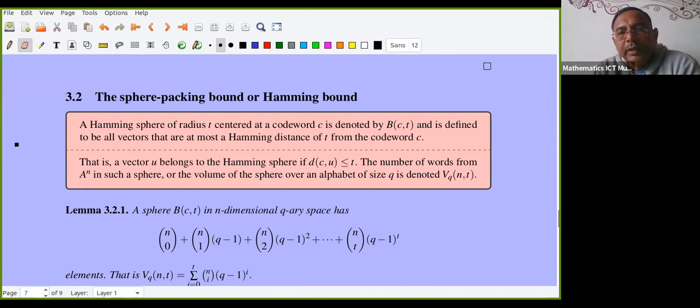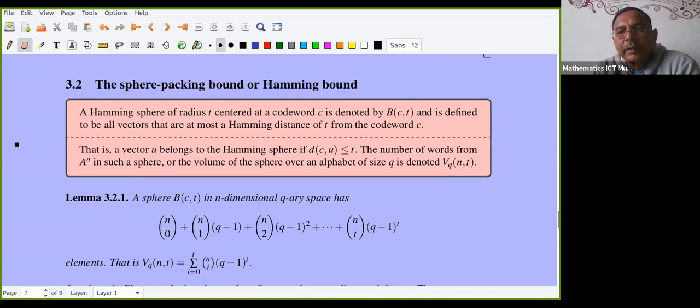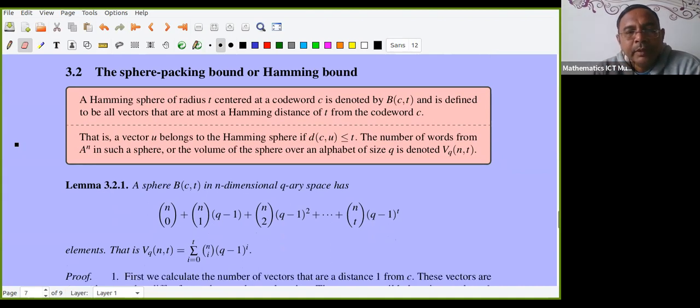That is, u belongs to the Hamming sphere if distance of c comma u is less than or equal to t. The number of words in such a sphere is called the volume of that sphere or ball, denoted as V_q(n,t).